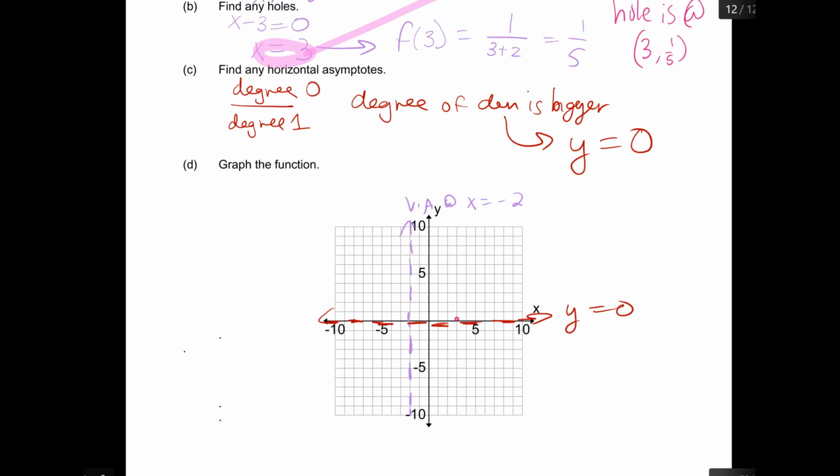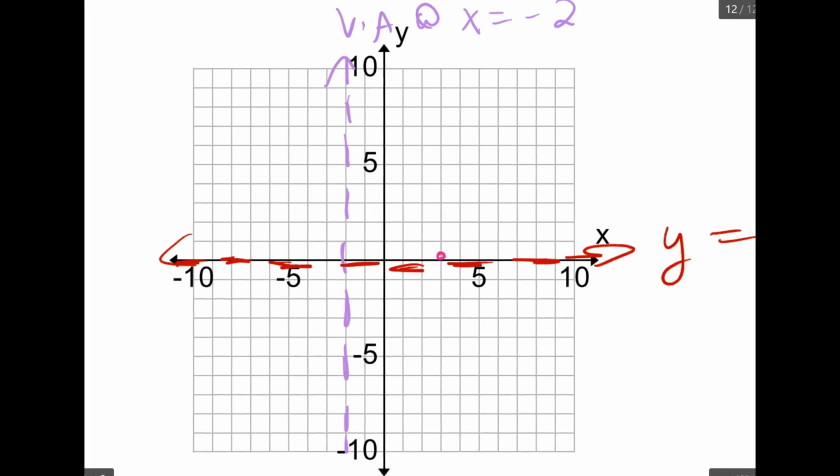And lastly, graph the function. We already have 1 point. Remember, our hole is at 1/5. I follow the asymptote, but I don't touch it. Then I figure out what's happening on the left of my vertical asymptote.